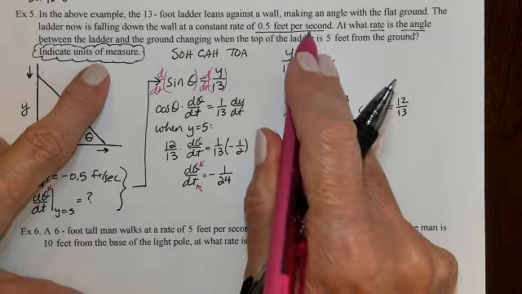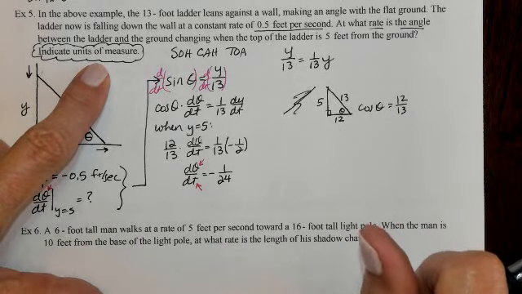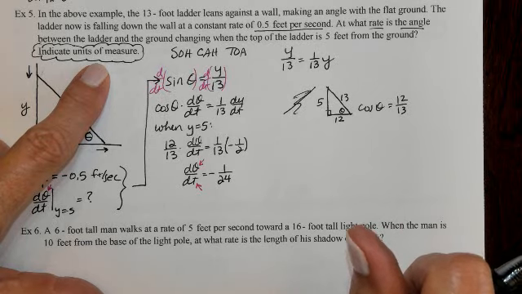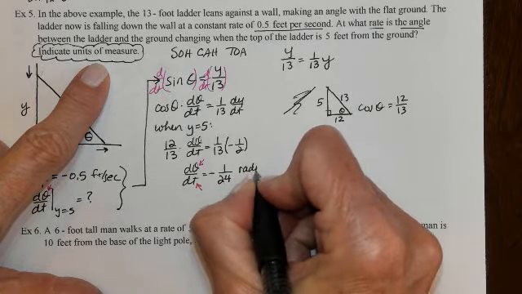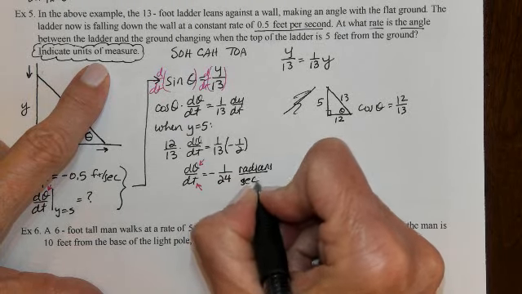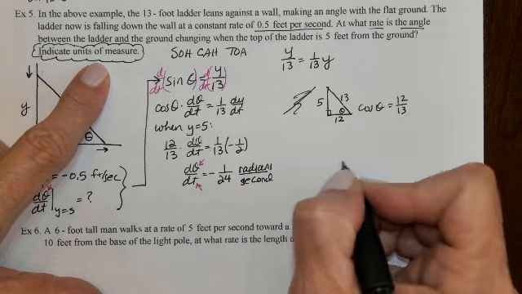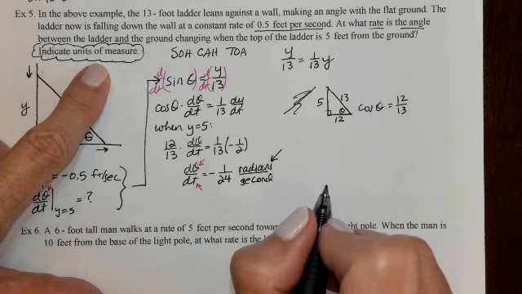I know it's going to be per second, but what are units of theta? In calculus, units for theta are always radians, you guys, always. So this would be in radians per second. In calculus, always radians, okay?